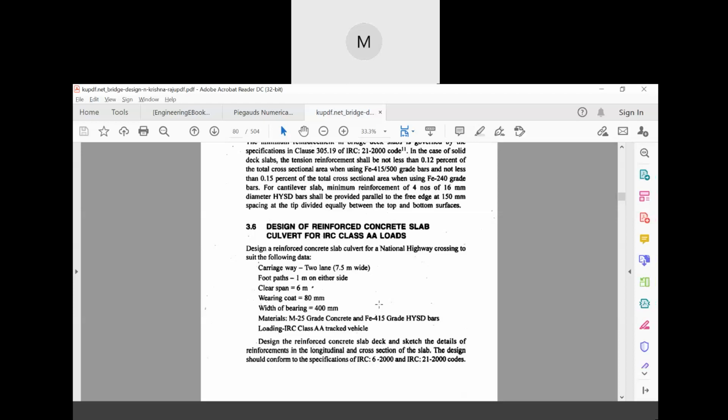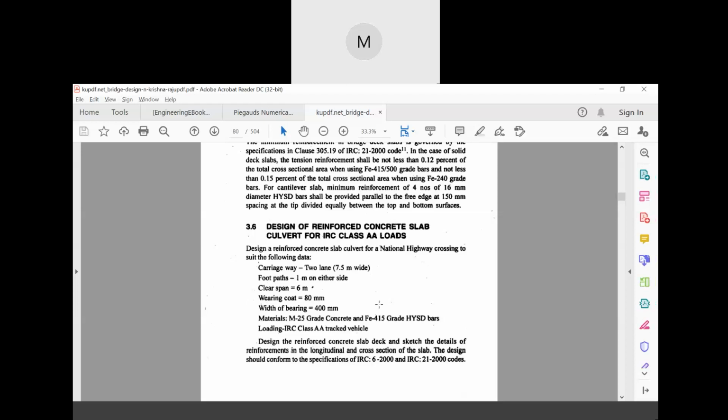So if you can see here, first of all, the carriageway is 7.5 meter wide. Then the footpaths are 1 meter on either side. Clear span is 6 meter. Wearing coat is 80 mm. Width of bearing is 400 mm.